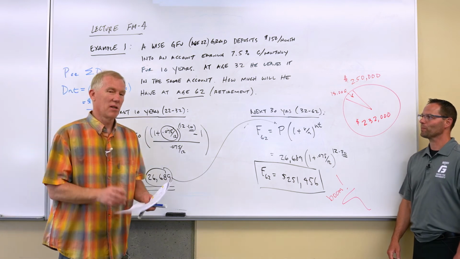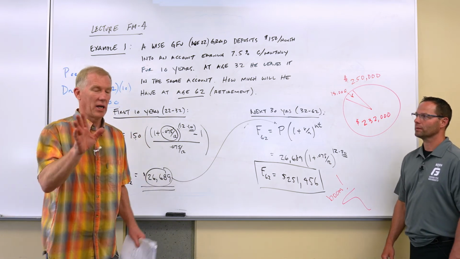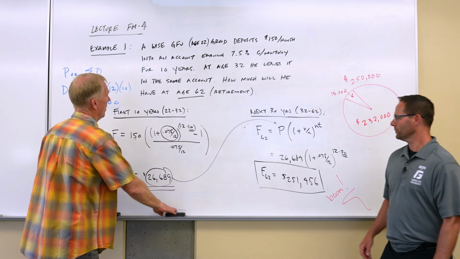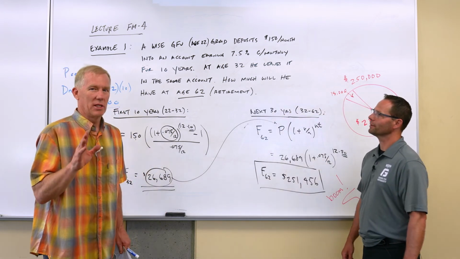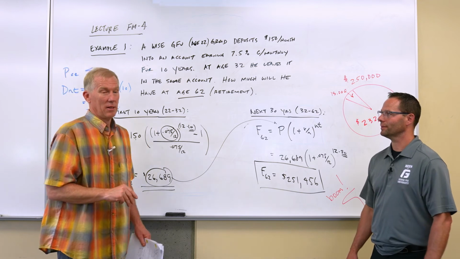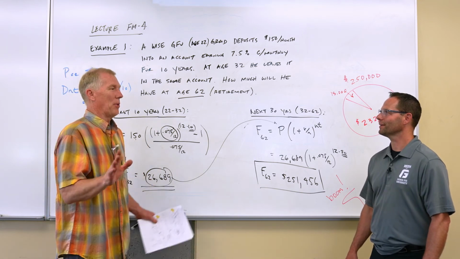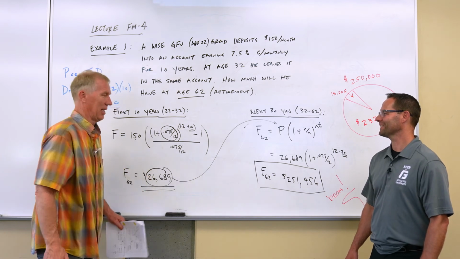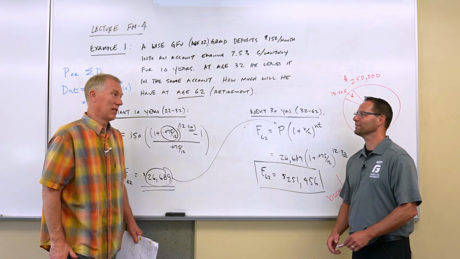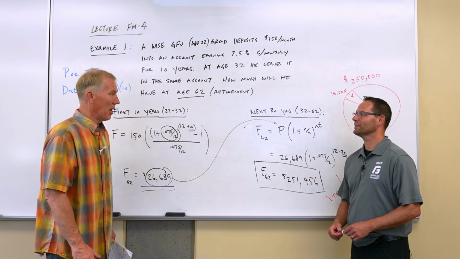Okay. Now here's a fun scenario that we're going to set up, but we're going to have you solve it. Suppose that this guy went to his 10-year reunion at age 32, and he was popping off about how much money he's been investing. He says, I got $26,000, and one of his classmates thinks, man, I haven't put any money away yet.